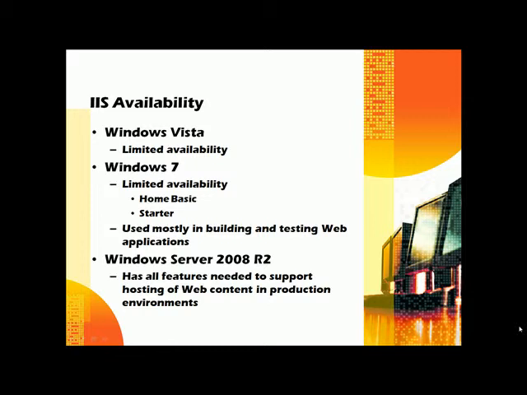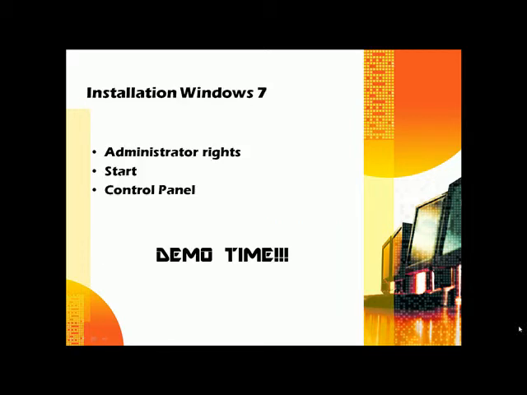People who use IIS on Windows 7 use it mostly for building and testing web applications, not as a web server, although it can be used as one. In Windows Server 2008 R2, it has all the features needed to support hosting of web content in production environments, so it can be a full-blown web server.